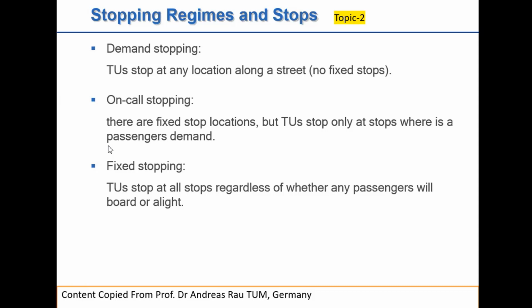The second is on-call stop. Here the transit unit stops only where there is passenger demand. And demand stopping is when you are sitting within the transit system and it moves on without opening and closing the doors, but if you push the demand button, which is most of the time marked in yellow or red on almost every seat, then it stops at that particular stop.